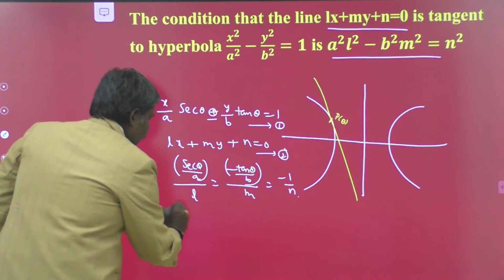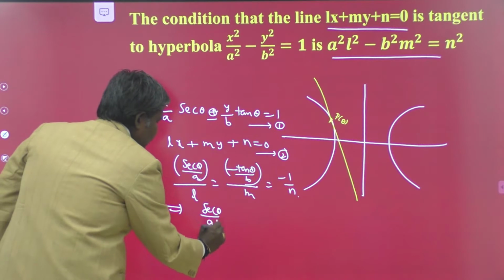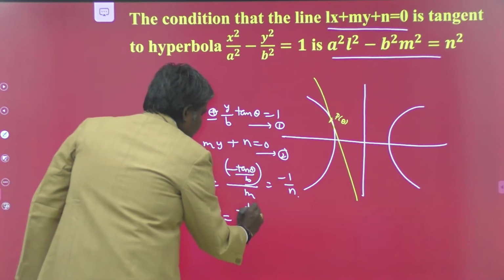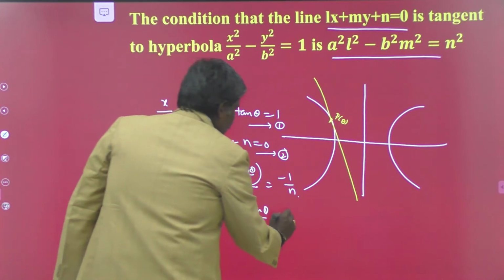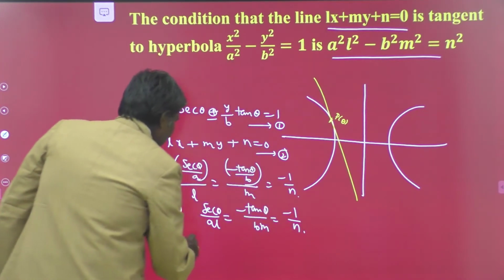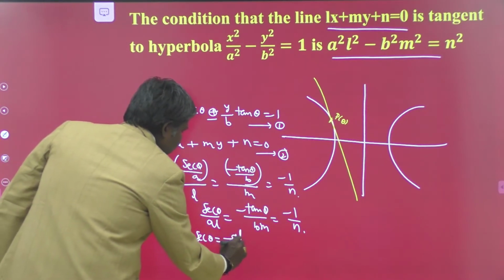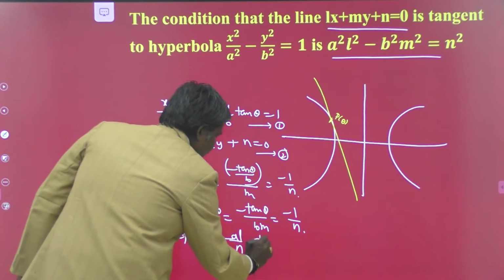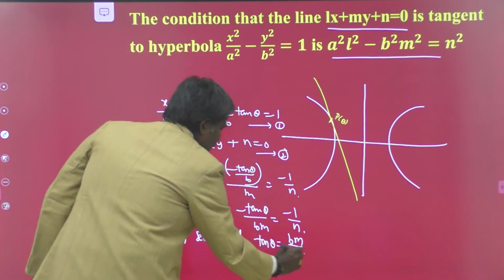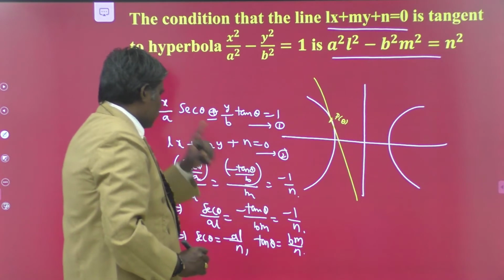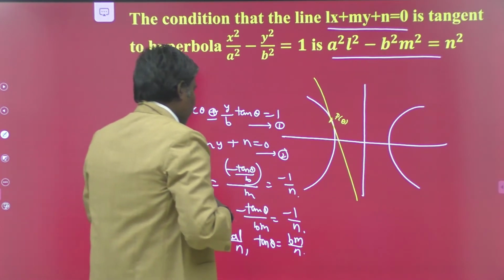So, now this implies secant theta by aL is equal to minus tan theta by bM is equal to minus 1 by N. Secant theta equals minus aL by N, and tan theta is equal to bM by N. Secant square theta minus tan square theta is 1.